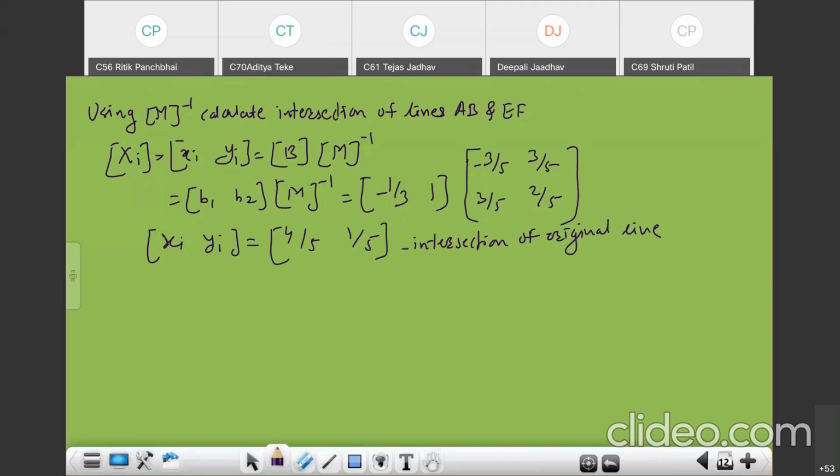Now, consider the transformation of these lines.